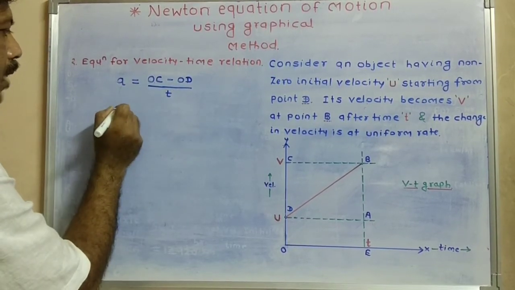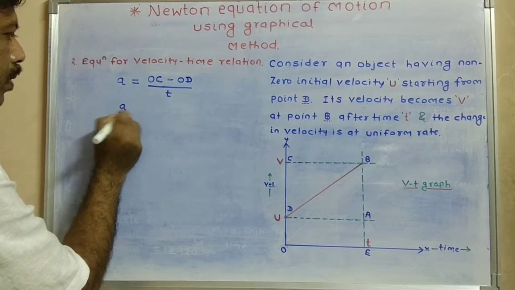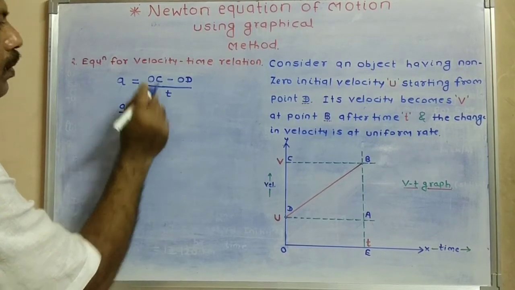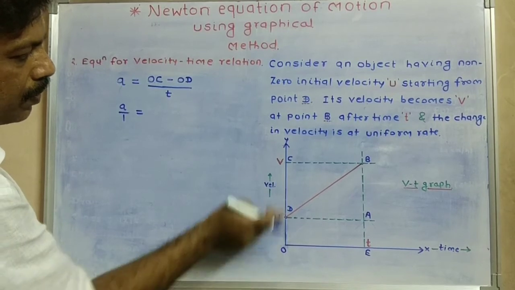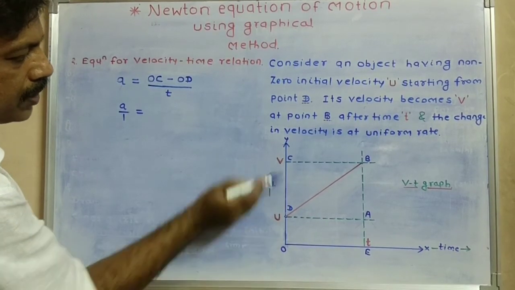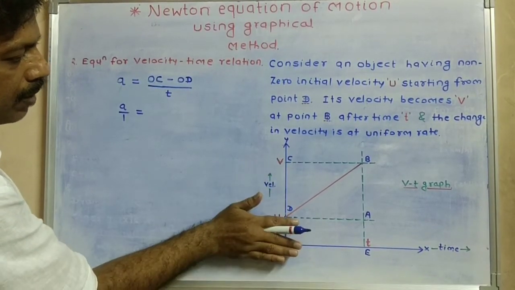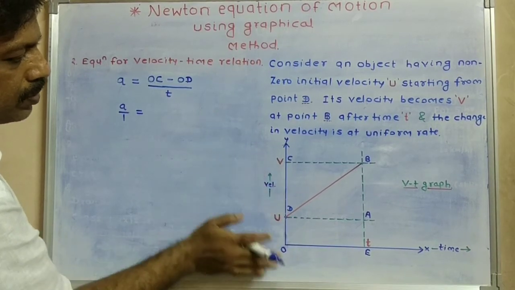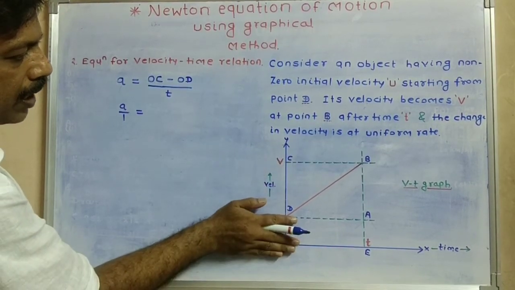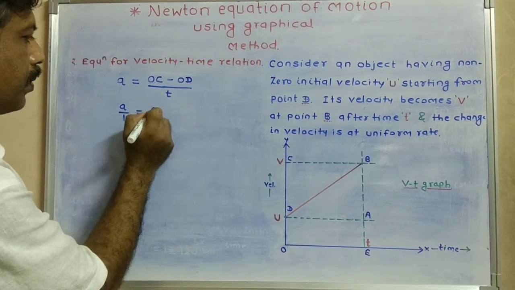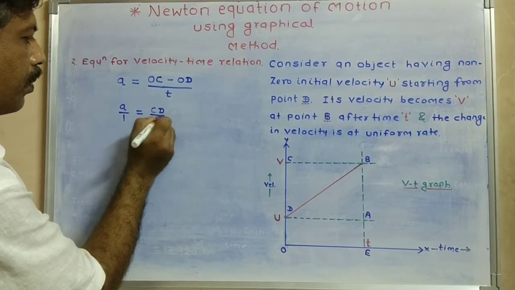Now acceleration upon 1 will be equal to OC minus OD. I am removing OD from OC. What remains? CD. Therefore, CD upon t.